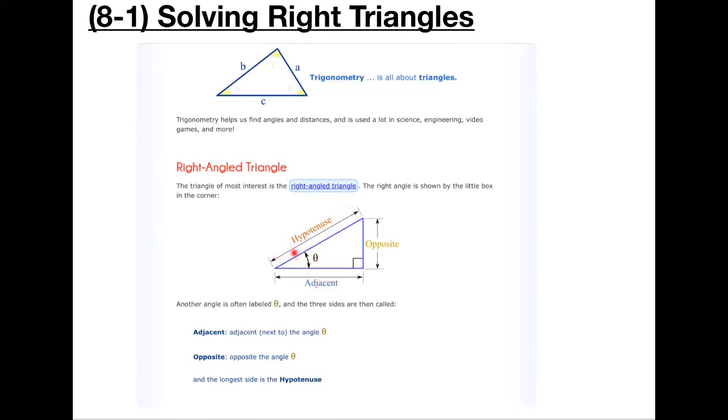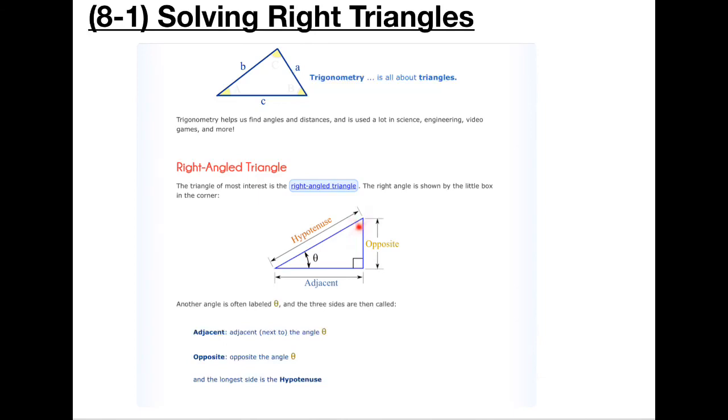So notice here that hypotenuse is always fixed. In a right triangle, hypotenuse is always the longest side, but opposite and adjacent correspond to the angle that you choose. So if I choose this angle, then this side is opposite to it, and this side is adjacent to it.